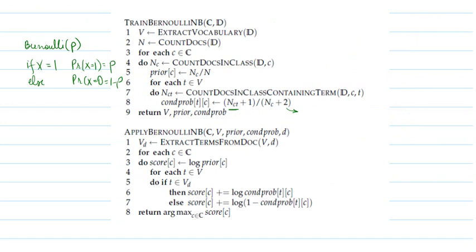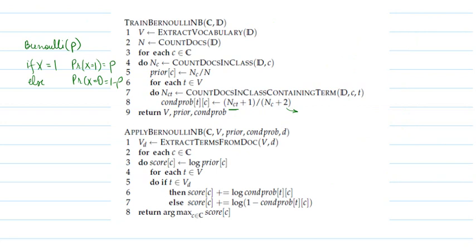It's that kind of scenario and that kind of distribution that has been applied to the algorithm. So we have only two options that can be chosen by the word, so we are adding 2 in the denominator here. That's why this formula is N_ct plus 1 divided by N_c plus 2.